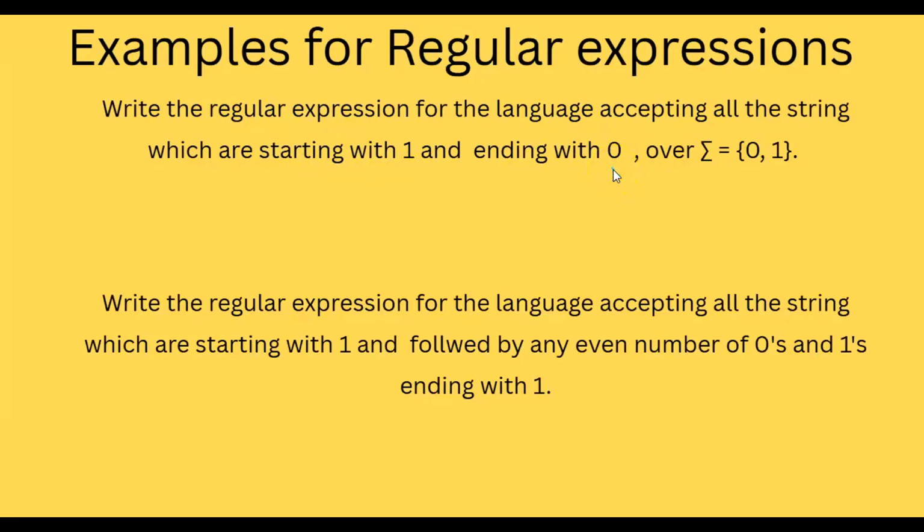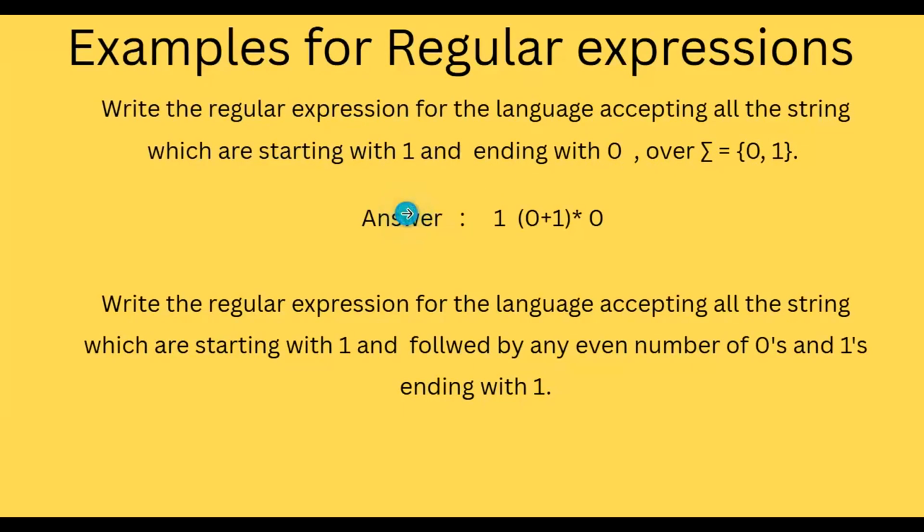In between, it may have any number of zeros and ones. So the answer is 1(0+1)*0: the string always starts with 1 and ends with 0, and this (0+1)* means 0 or more occurrences of 0 or 1 in any order. So this is the answer for this question.